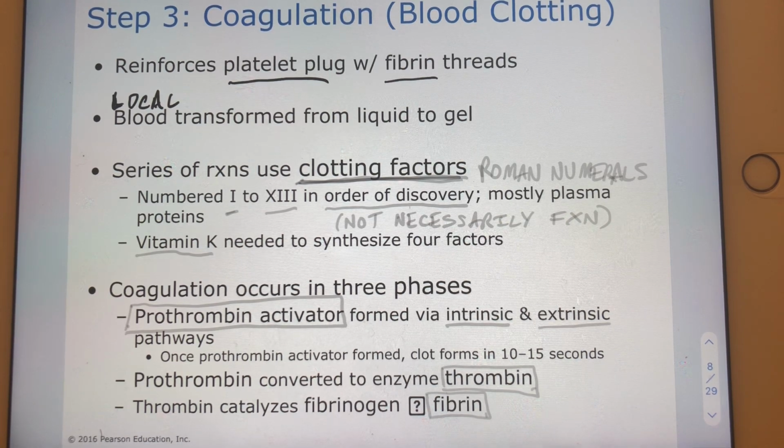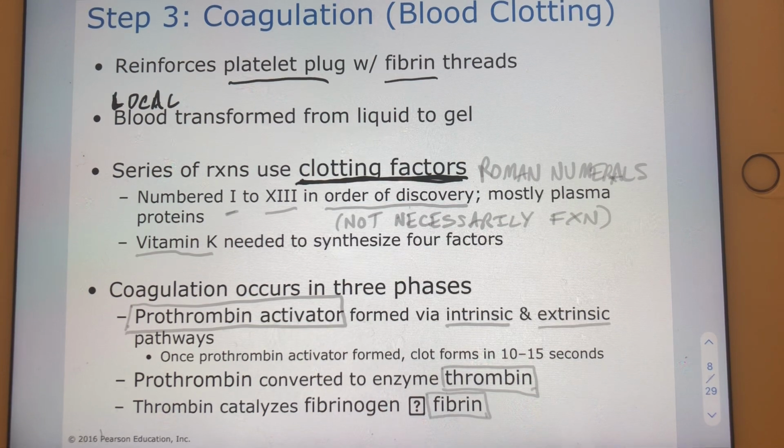And no matter which pathway is used to achieve coagulation, we're going to use clotting factors. Almost all clotting factors are proteins. Almost all of them are plasma proteins, which in turn also means that almost all of them are produced in the liver. And there are many, many clotting factors.